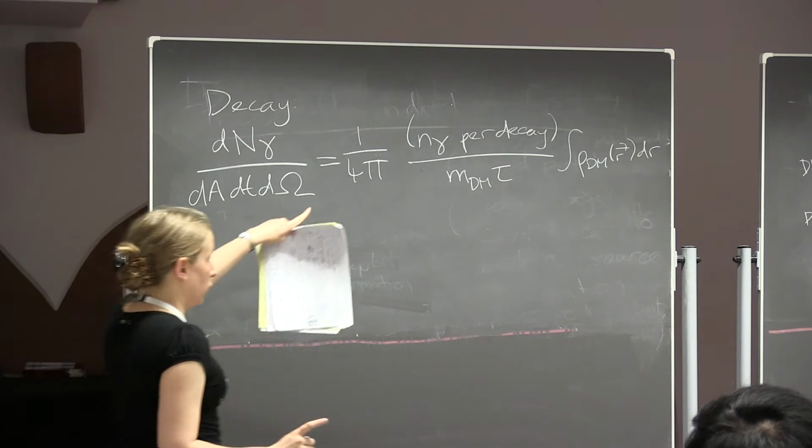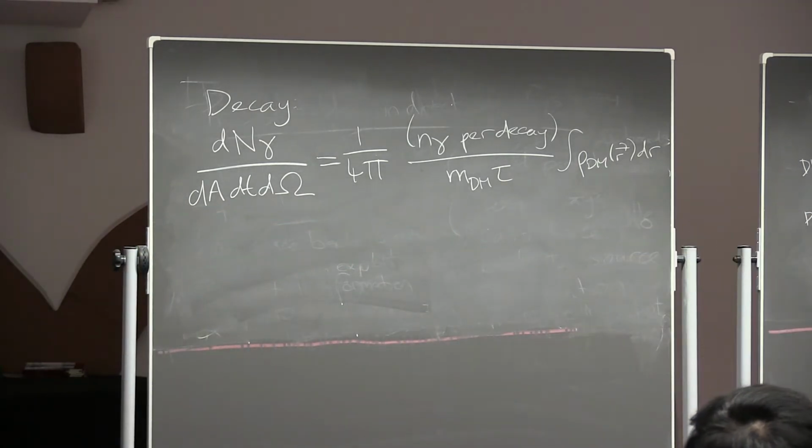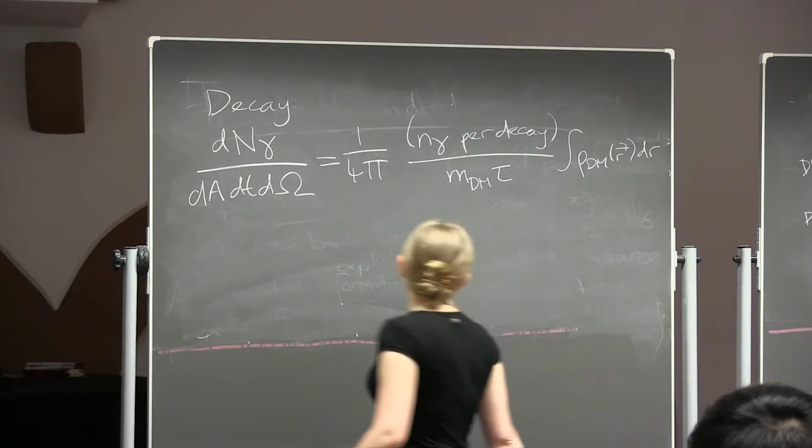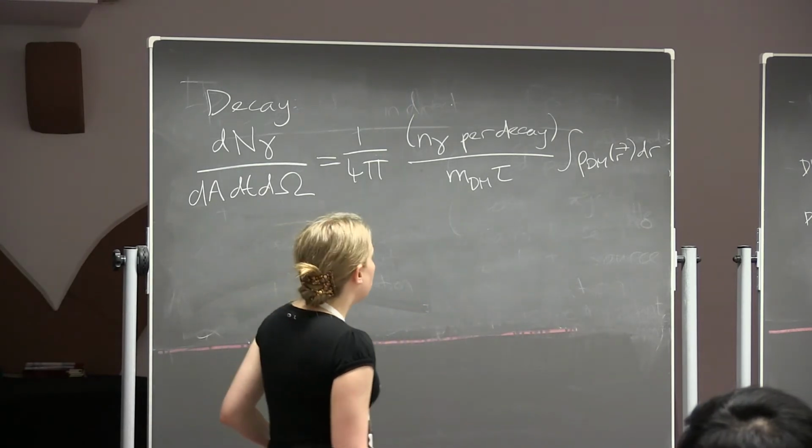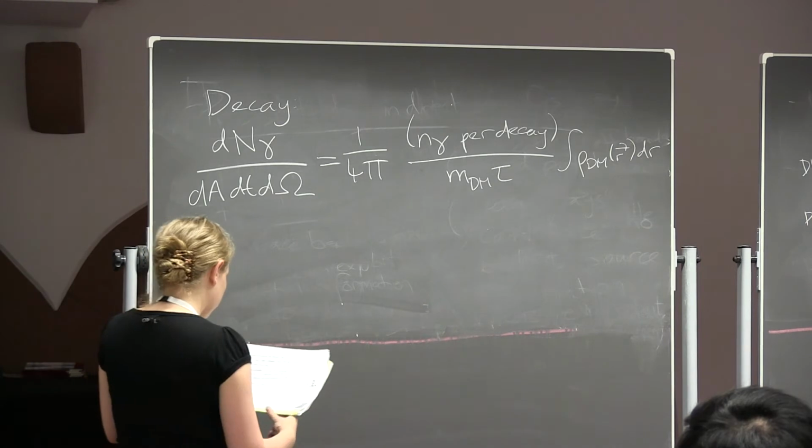All I've done is replace the parameters controlling the annihilation rate with the parameters controlling the decay rate. Tau here is the decay lifetime, and rho is just a single power of the density of dark matter.